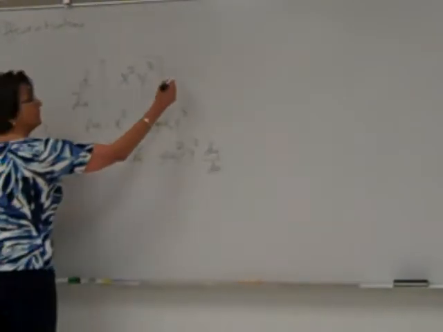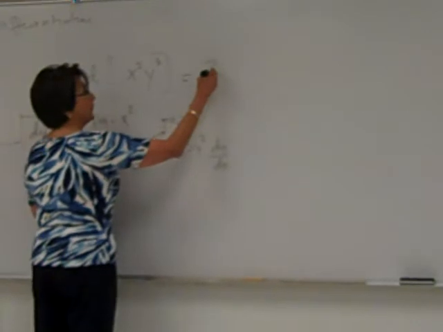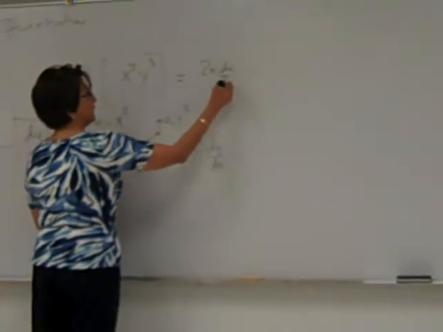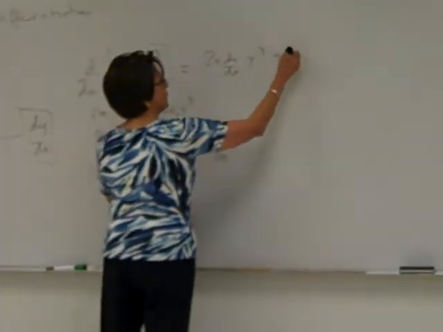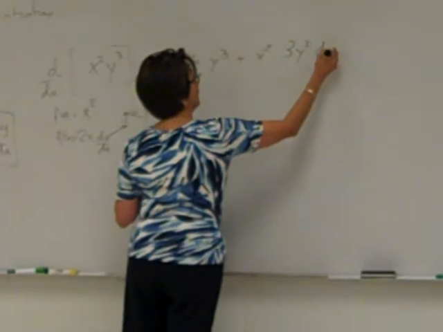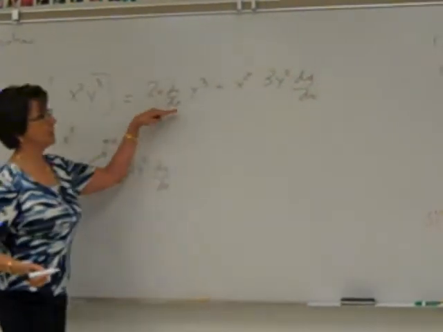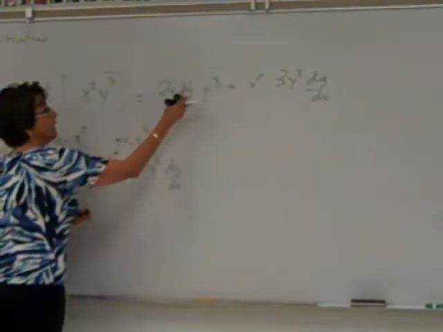So if I take the derivative of this, it's going to be like that, right? 2x dx over dx times y to the third plus x squared times 3y squared dy over dx. Can you see that? Like Katie very clearly said, dx over dx, we don't need.